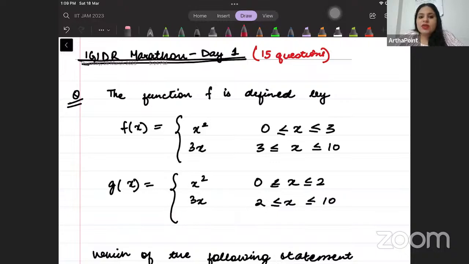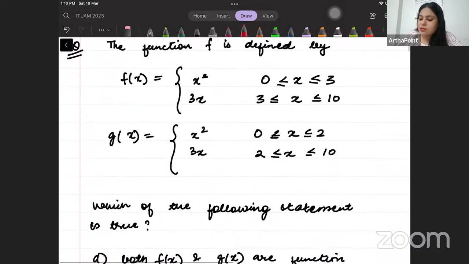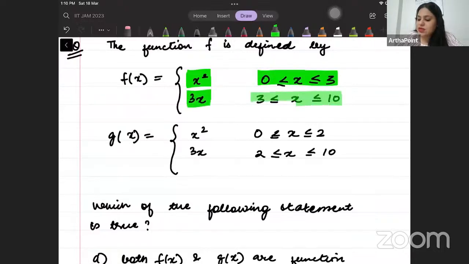You're given a function f defined by x square when x is between 0 to 3, and 3x when x is between 3 to 10. Note that x equal to 3 is included on both sides of the function.